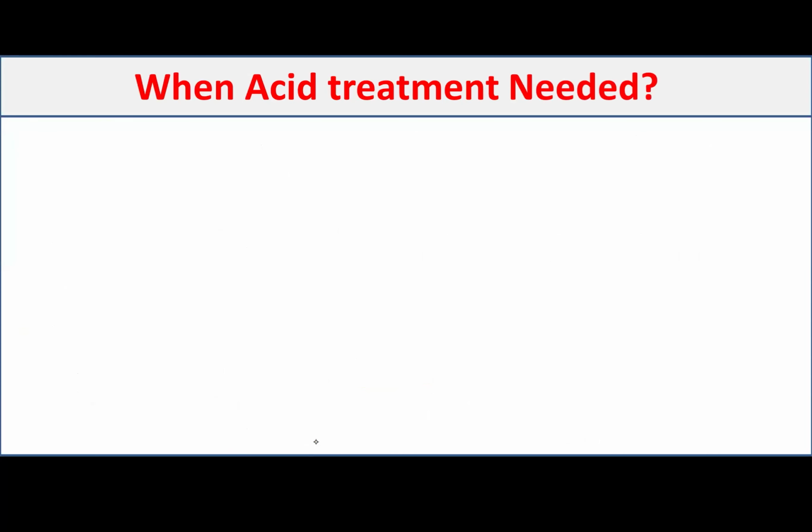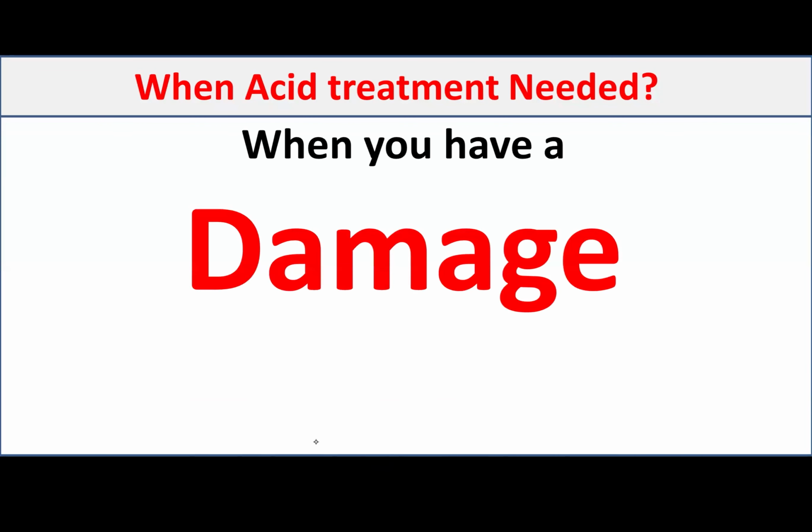The key question that you need to answer as a petroleum engineer, completion engineer or intervention engineer is when I need to use an acid. Based on my experience, I found only one answer that allows us to use acid for a wellbore, and the answer is when you have damage. We typically use acid when we are seeing damage in the wellbore.